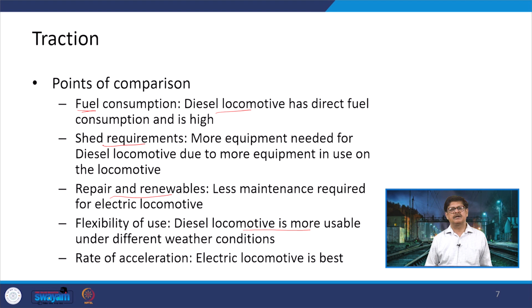So, at this point the diesel locomotive has an upper hand as compared to the electric locomotive. The rate of acceleration is best in the case of the electric locomotive, but it is still good in the case of the diesel locomotive also. But because we are making a comparison, that is why this is best and that may be better.